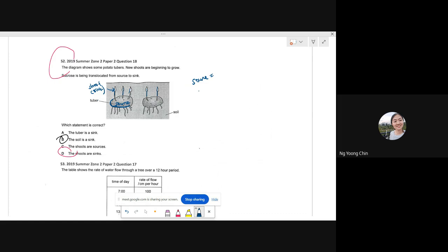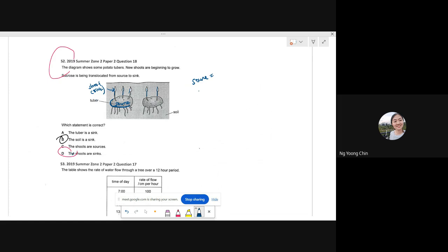It provides the nutrients to other places. The shoot is a sink because it is actively growing and germinating, so it is using the nutrients for growth. The nutrients are supplied from the tuber, which is a source. So the answer is donkey.